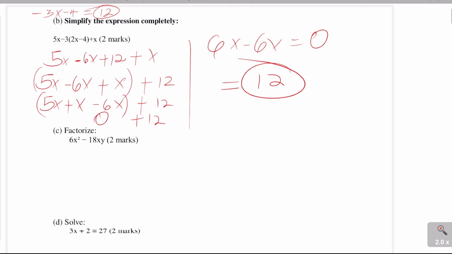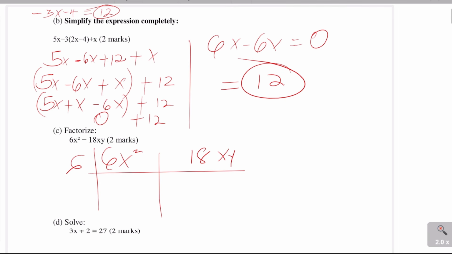The next one, part C: factorize 6x squared subtract 18xy. You get 2 marks for that. You have to be careful to notice what is common between 6x squared and 18xy. 6 is common in both of them.